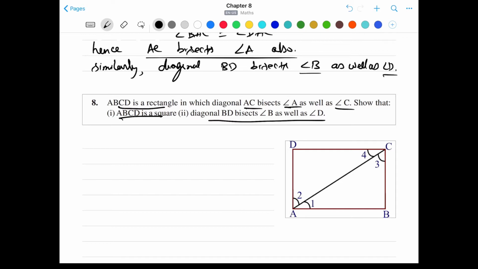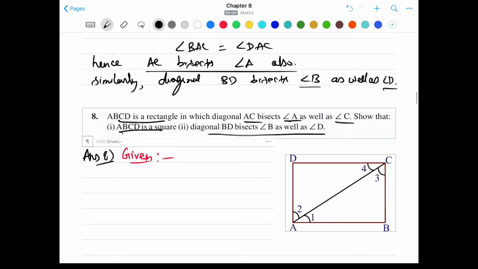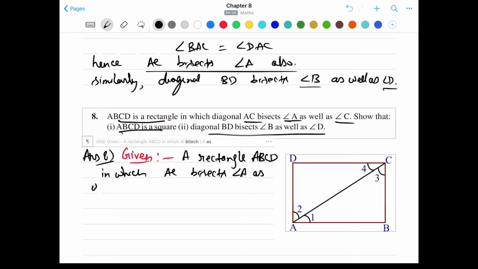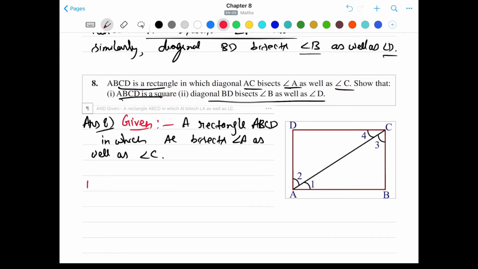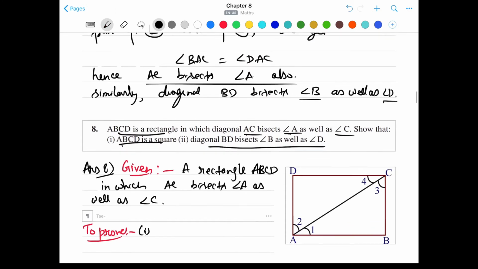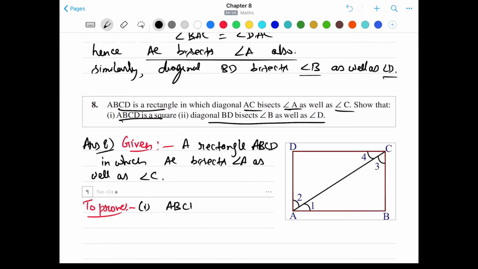Now let's start answer number 8. Given: a rectangle ABCD in which AC bisects angle A as well as angle C. We have to prove two things: first, that ABCD is a square.